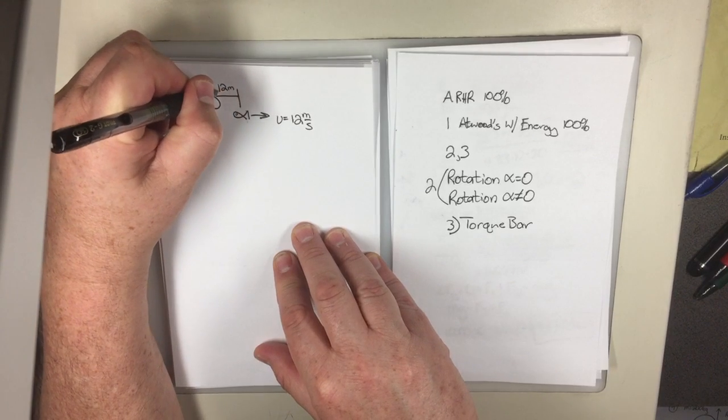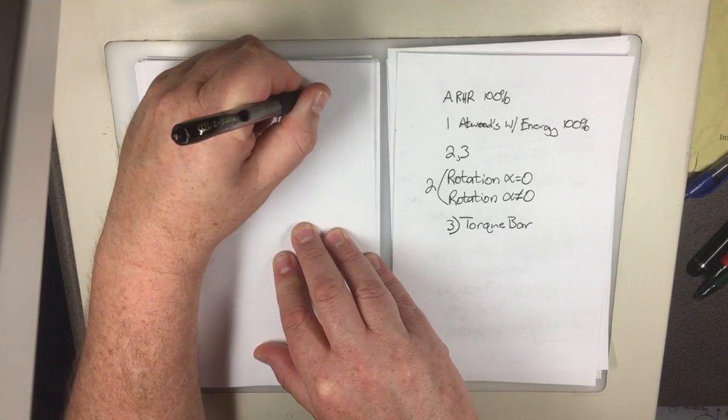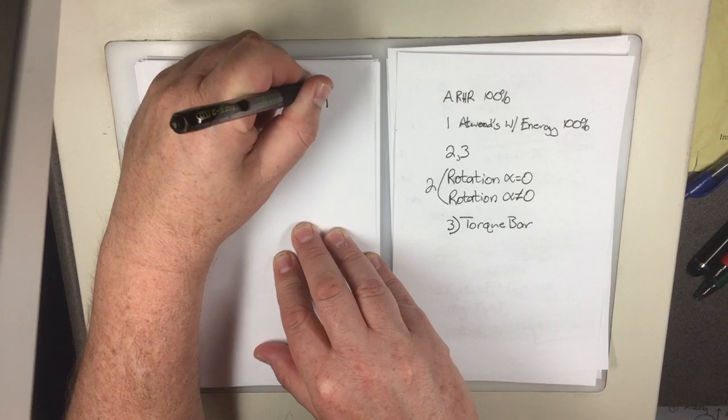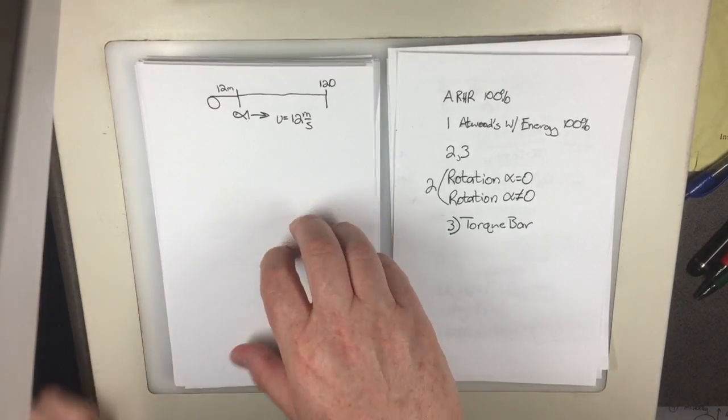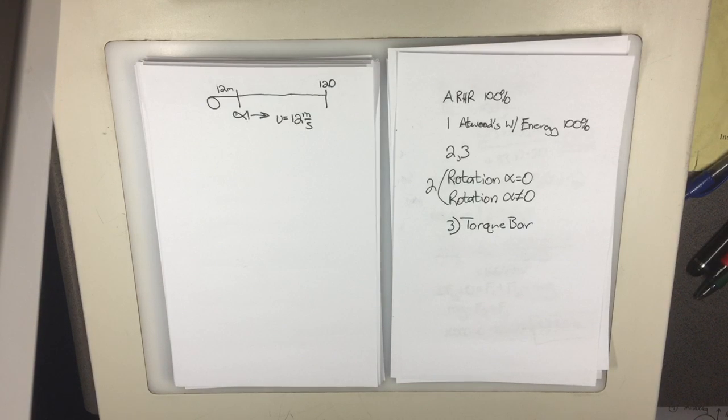So if you threw out 12 meters of line, it will run out at 120. So your initial X is 12 and your final is 120. It moves at 12 meters per second. If the fish's speed is constant, how long will it take before the spool runs out of line?